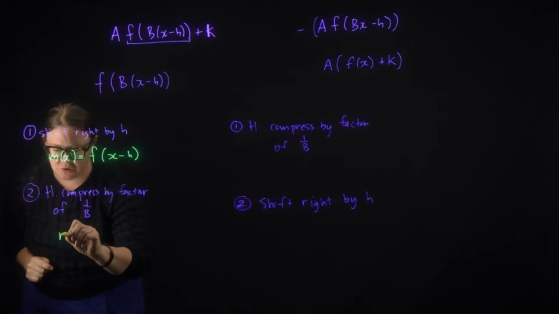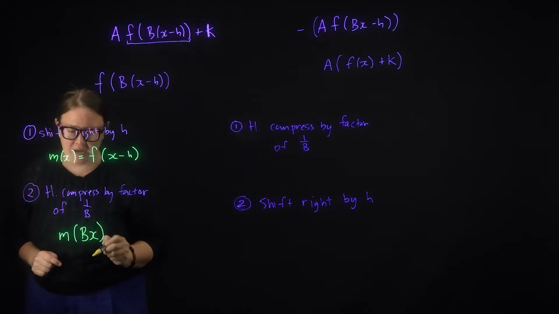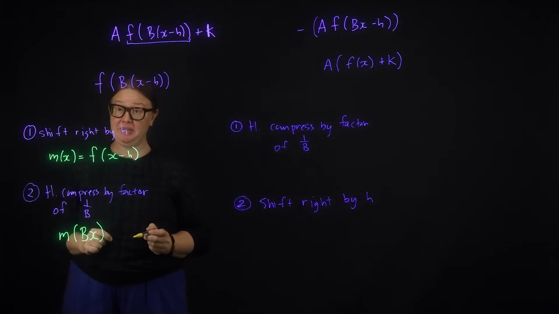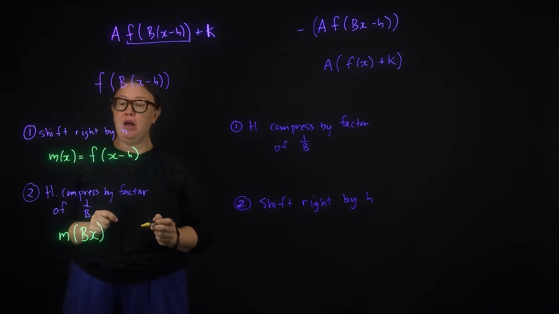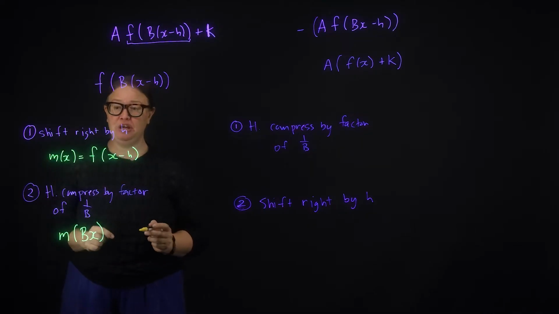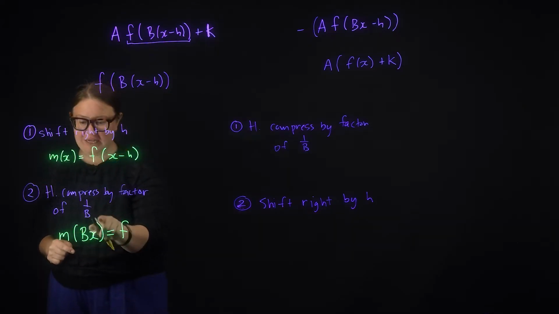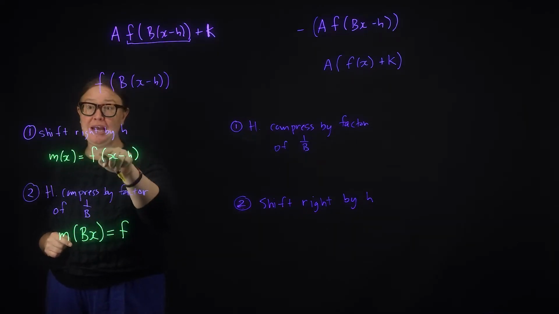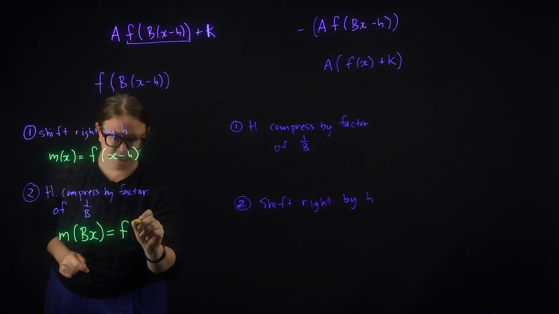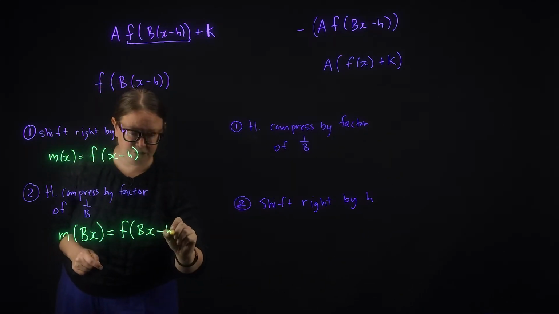So to do that, I'm going to take m of b times x. Now, what is m of b times x? I'm going to remember what this is in terms of f. B times x is my input, so anywhere I had an x, I now have b times x. This is f of b times x minus h.